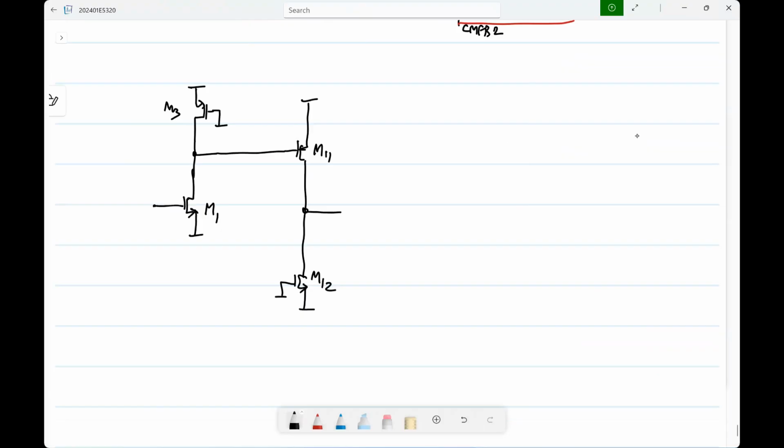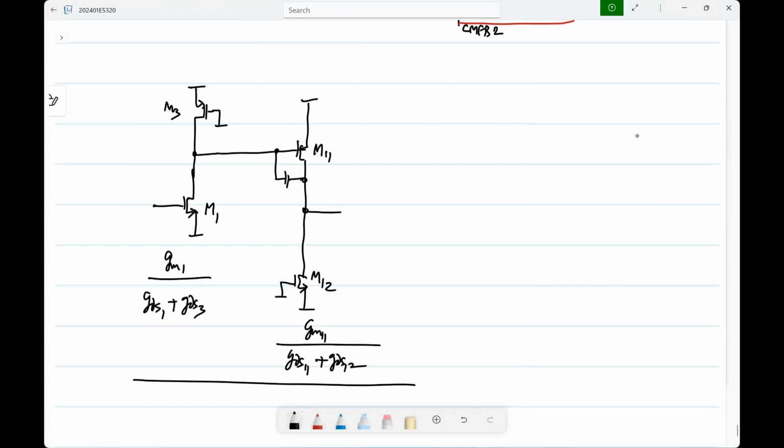So the first stage gives you, and of course, if you have this Miller type capacitor, that will also be there, GM1 by GDS1 plus GDS3, and then GM11 by GDS11 plus GDS12.